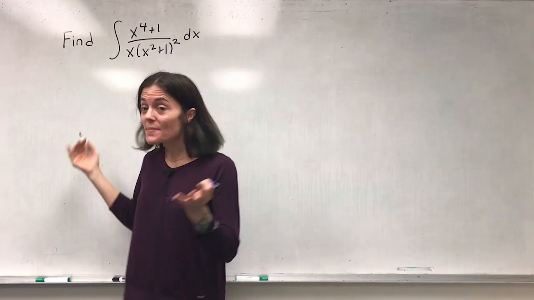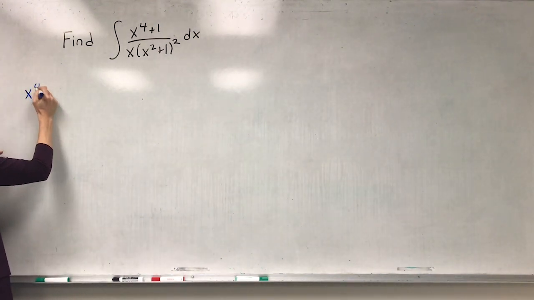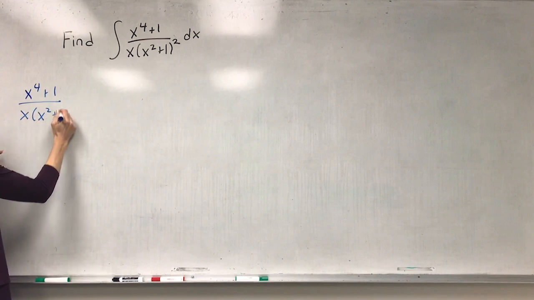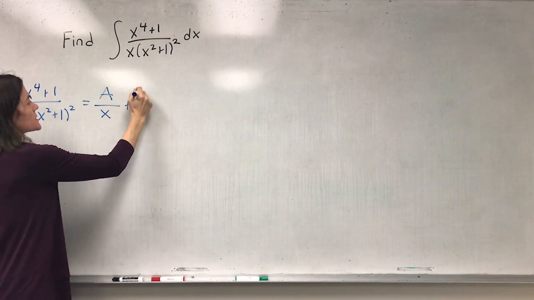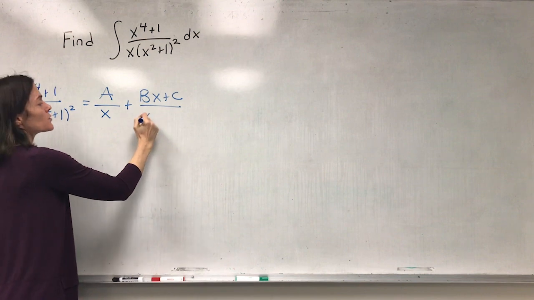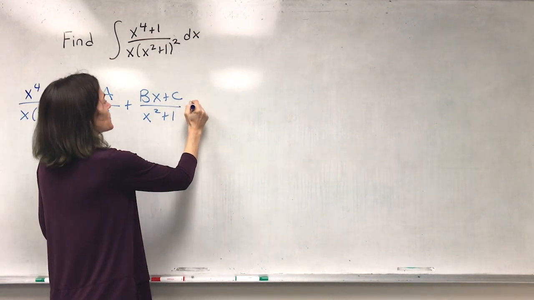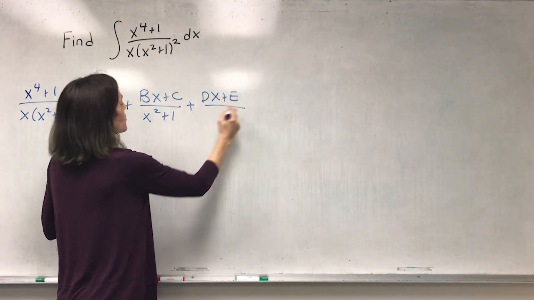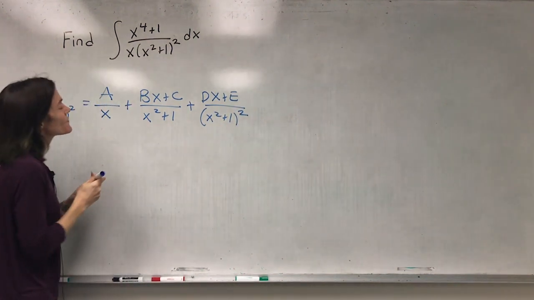So if I think about this, the form is going to be, well, this is our integrand, and this will be A over x plus (Bx plus C) over the irreducible quadratic, and then one more term, which will be (Dx plus E) over the irreducible quadratic squared.